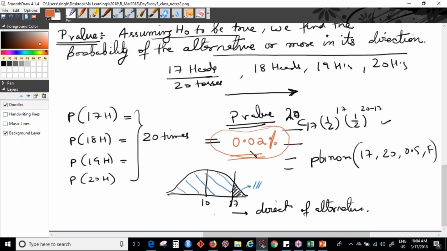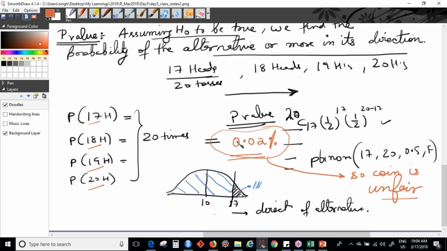So what do you think now? Is the coin fair or is the coin unfair? Yes, exactly. So the coin is unfair, right? Because the probability of getting 17 heads or 18 heads or 19 heads or 20 heads is very small. It is only 0.02%.